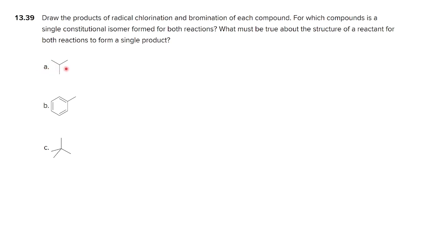Let's start from option A. In option A, we have an alkane, and if you analyze the structure, let's label as A, A, A, and we have three primary carbons, and they have three hydrogens each, and at this position we have another carbon, which is a tertiary carbon, and it has a single hydrogen connected.